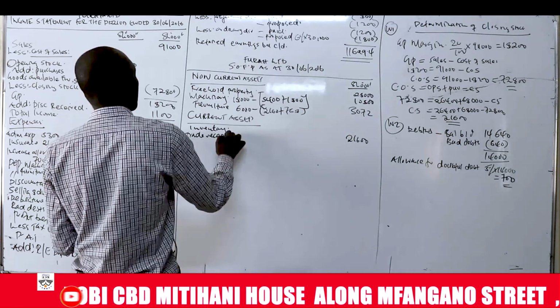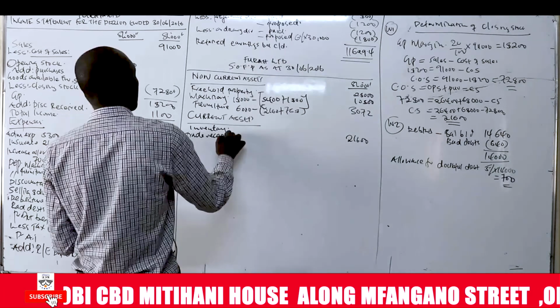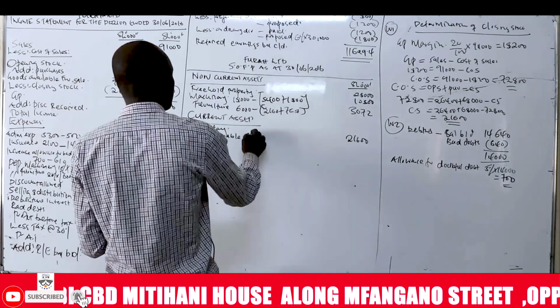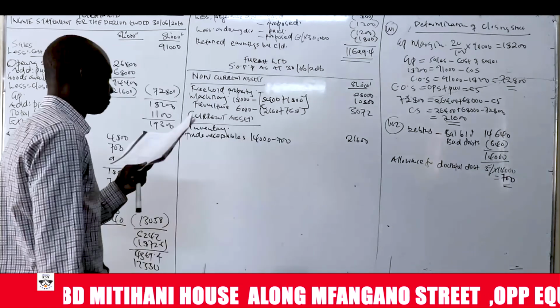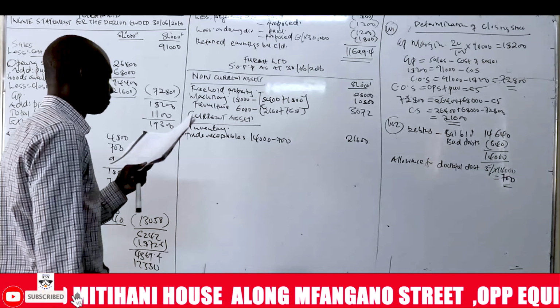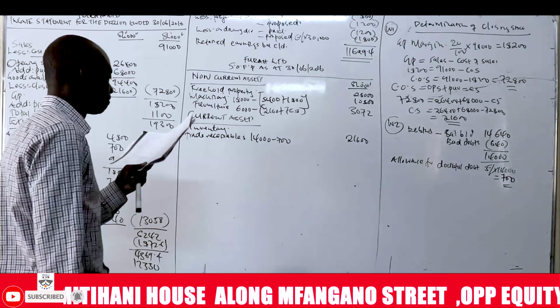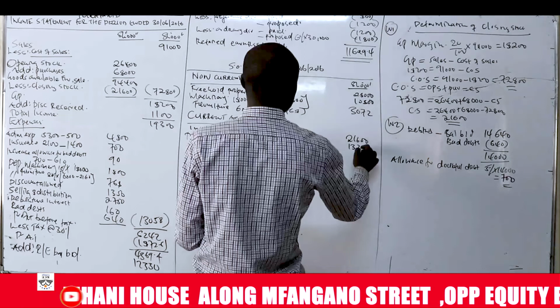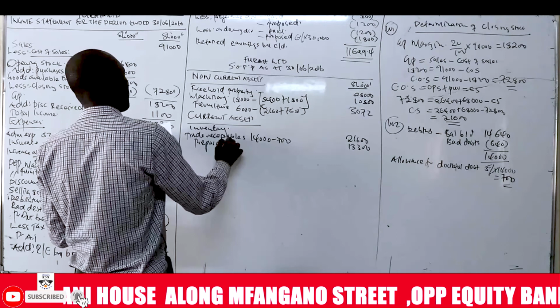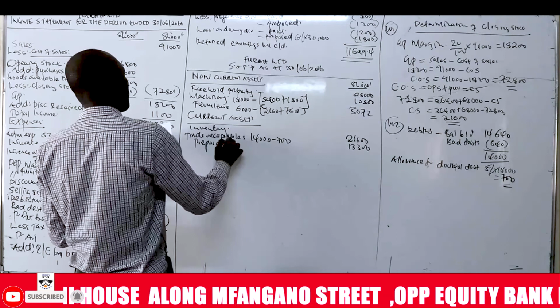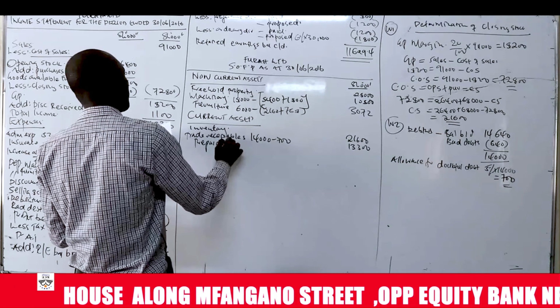Trade receivables tulikuwa na 14,000 minus 700. What do you get? 13,300. And then we have prepaid insurance. Prepaid insurance, how much? 1,400.